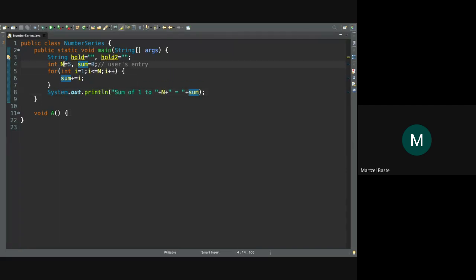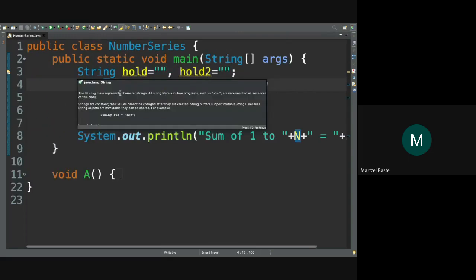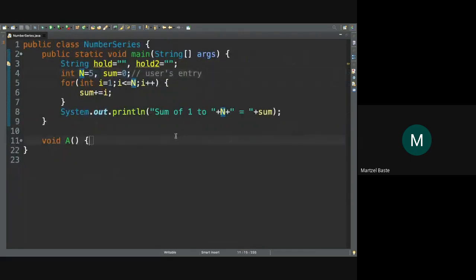So again, this is the loop control variable that controls the execution of the loop.